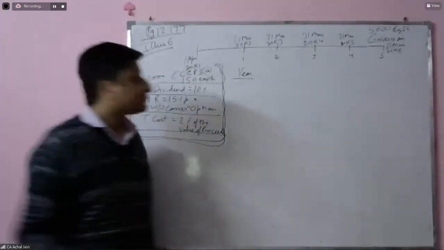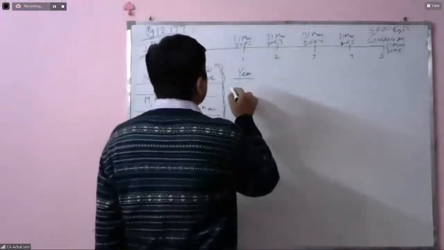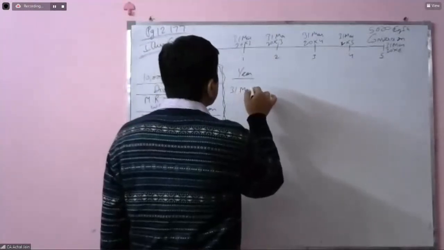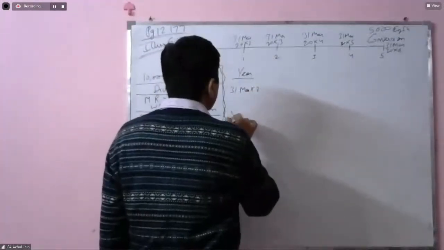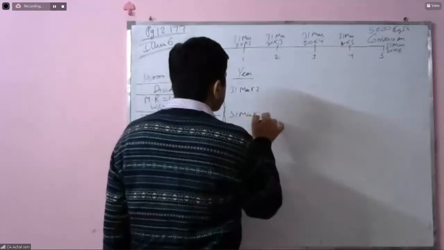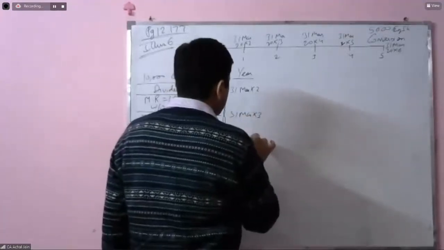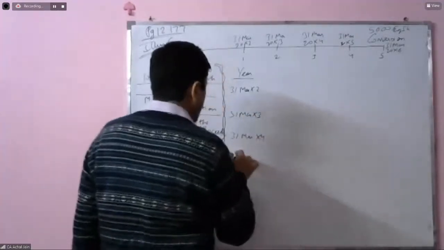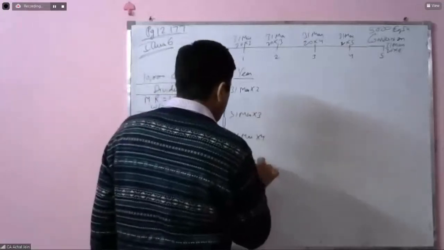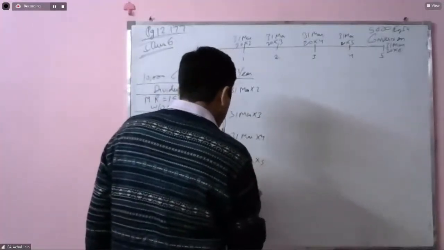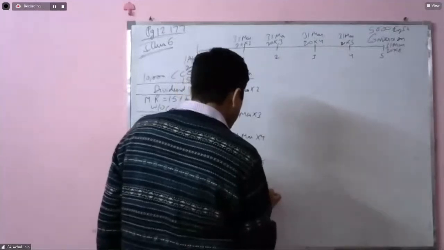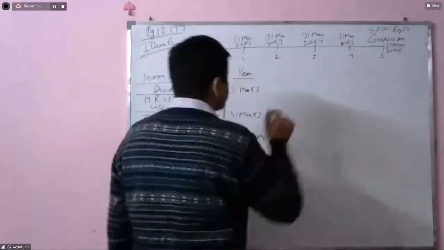Correct? So we can say 31st March X2, 31st March X3, 31st March X4, 31st March X5, 31st March X6.